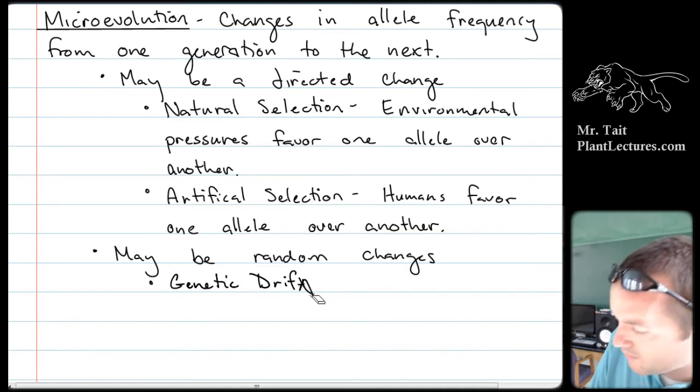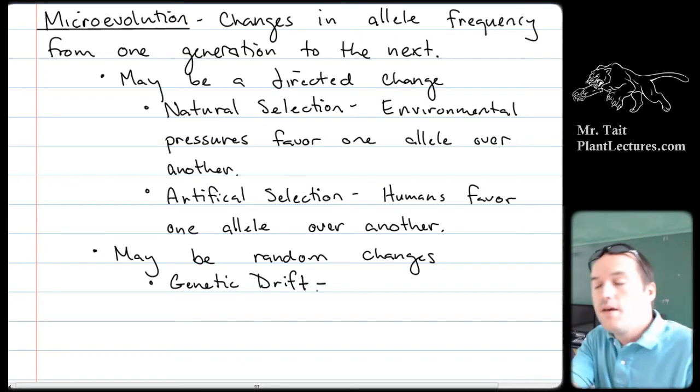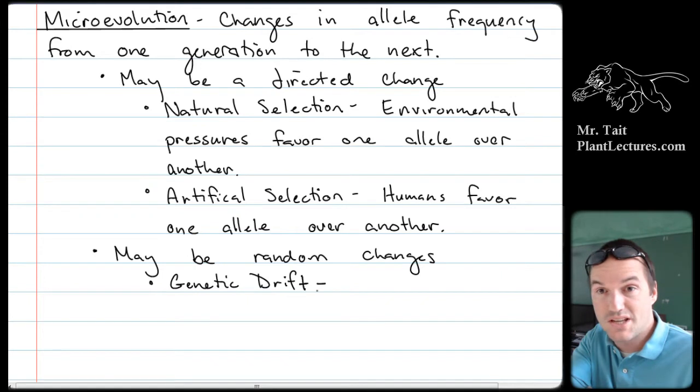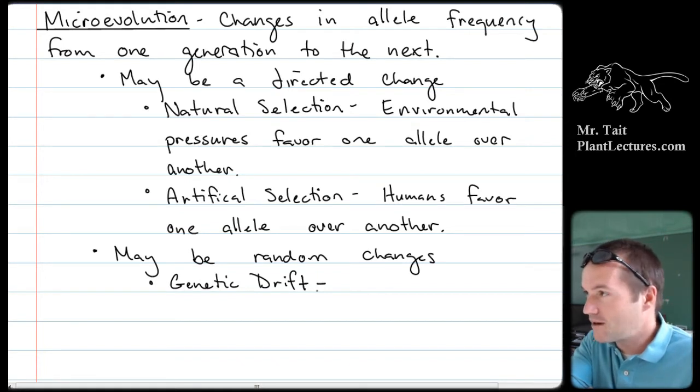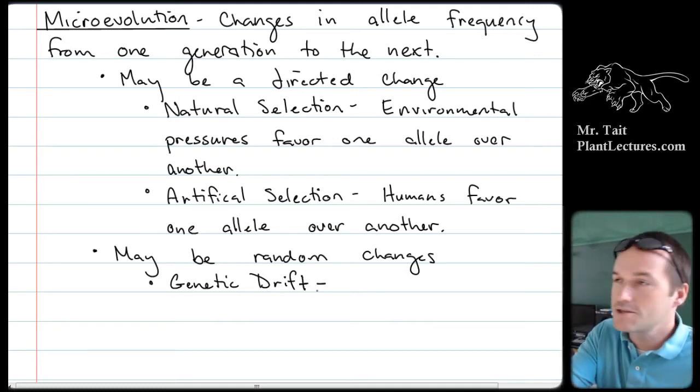And what genetic drift means, and you're going to hear me make this analogy like 1,000 times this unit, is that sometimes when you flip a coin 10 times, first of all, you'd expect to get 5 heads and 5 tails because there's a 50% chance to get either side, right? But sometimes when you flip a coin 10 times, you get 10 heads, right? Sometimes you get 10 tails, right? And you're not breaking any laws of physics. That's just something that happens due to random chance. There's a small probability that you can get 10 heads in a row or 10 tails in a row, okay? This also applies to genetics.